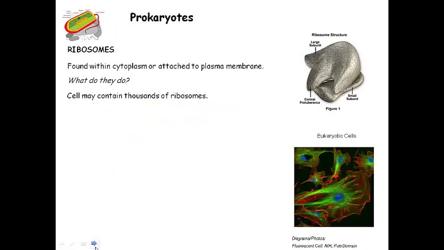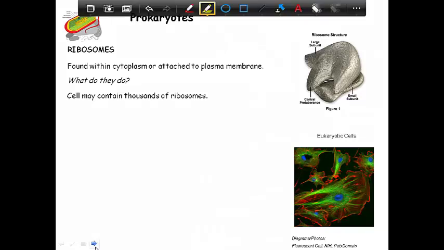The next one we want to talk about with prokaryotic cells is the ribosome. The ribosome can be found in the cytoplasm or attached to the plasma membrane, and you want to make sure that you write that down. Their location can be in one or two places. And the question is, what do they do?